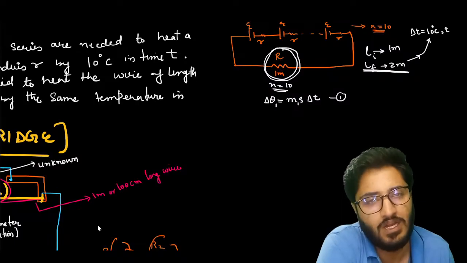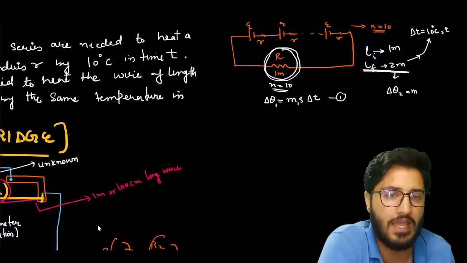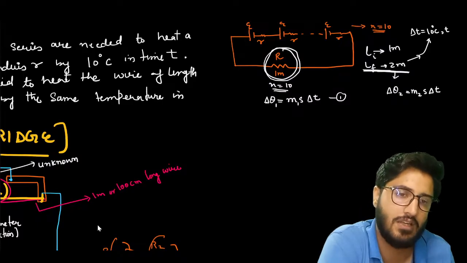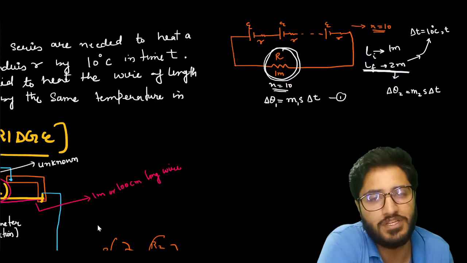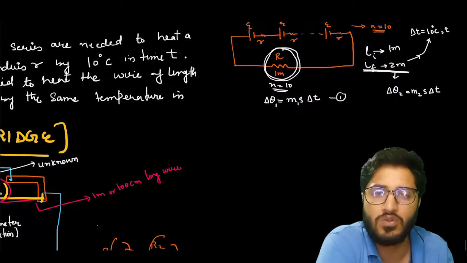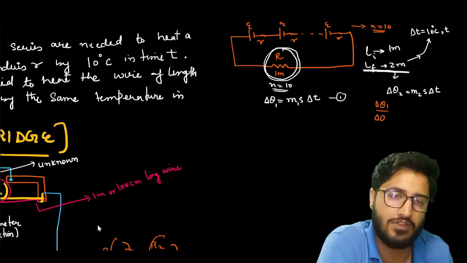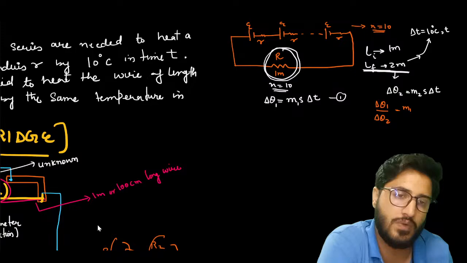Now for the second one, same, delta theta 2 equals m2 s delta T. Sir, let us take the ratio of these two, no? So we have delta theta 1 by delta theta 2 equals m1 s delta T divided by m2 s delta T.